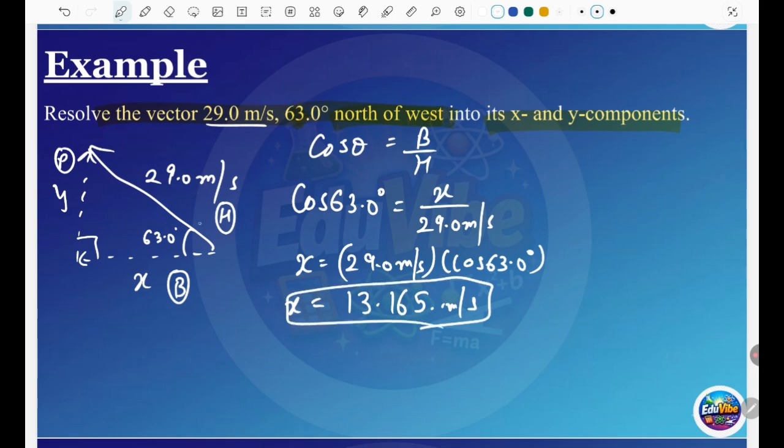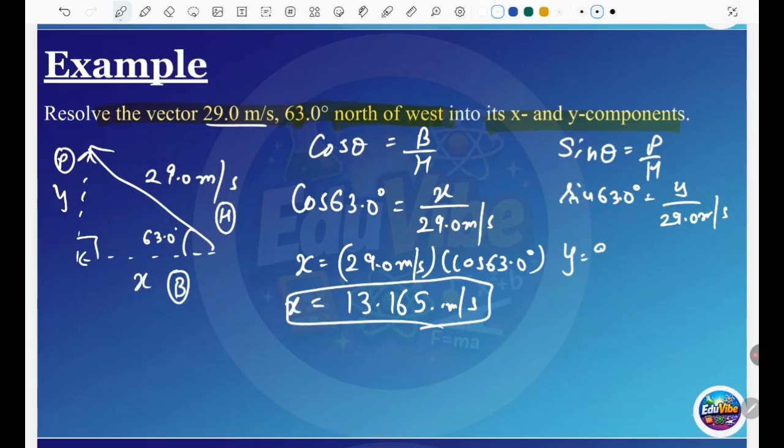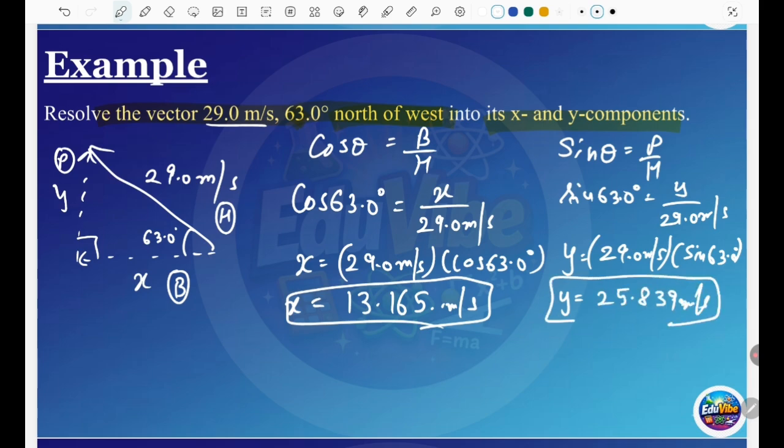For the y component we have perpendicular upon hypotenuse, so this is the sine theta. The sine is of 63.0, perpendicular is y, and this is 29.0 meters per second. So the y component is 29.0 meters per second times sine of 63.0, so we get about 25.839 meters per second.